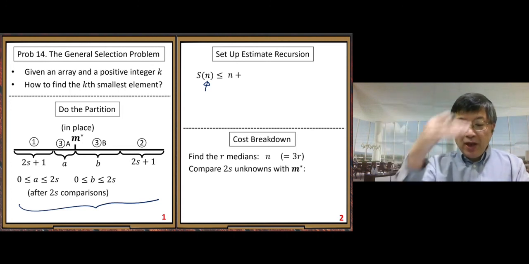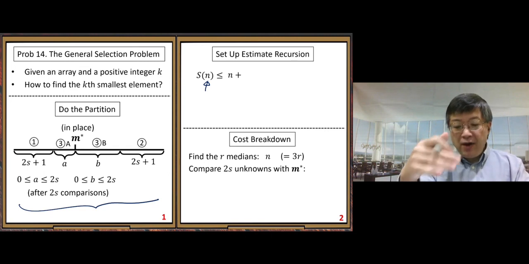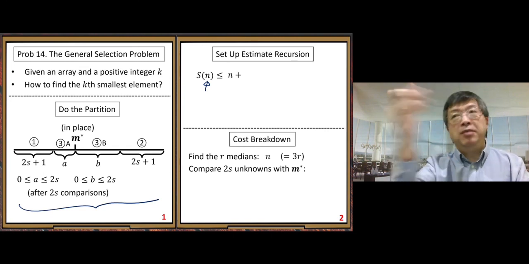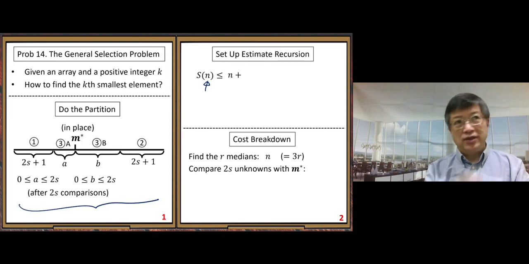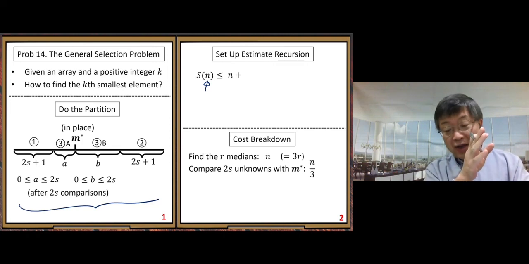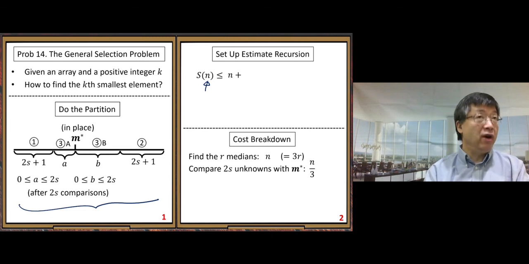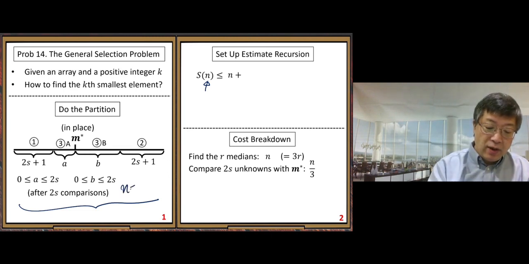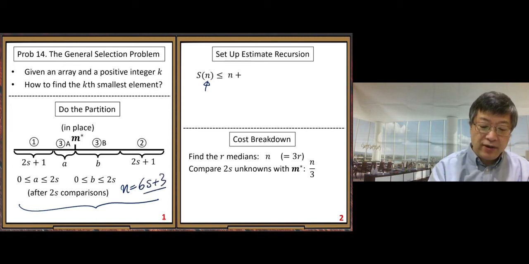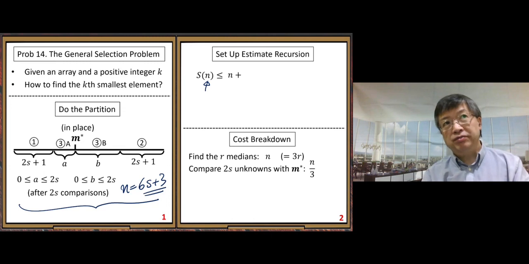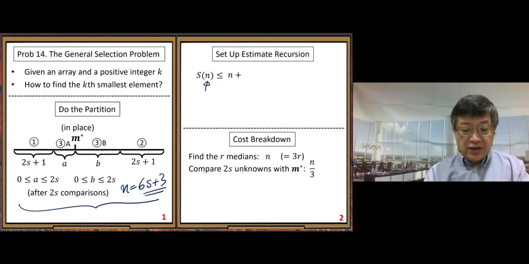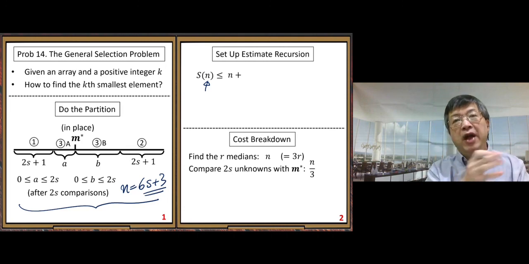Next step, compare 2s unknowns with m star. This step has 2s comparisons, but 2s is approximately 1/3 of n. The reason is n is approximately 6s plus 3, in our assumption 3s plus s. So 2s is approximately 1/3 of n.